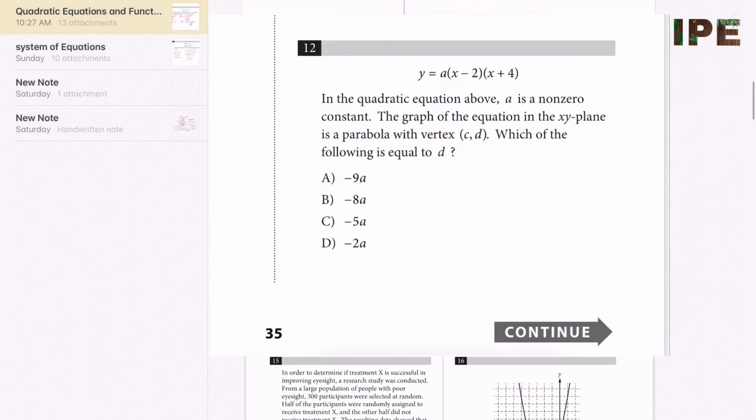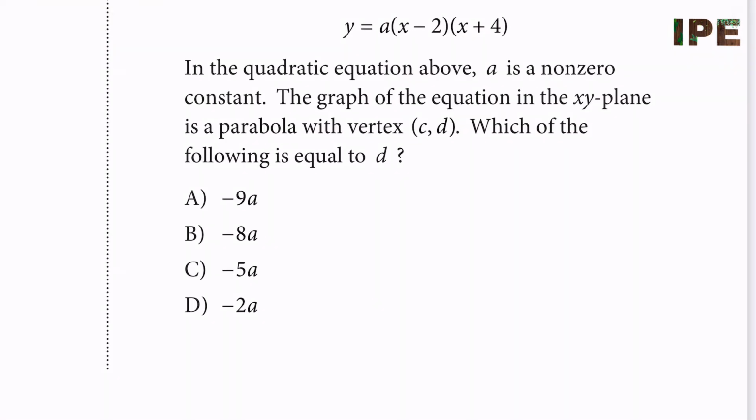Number 12. In the quadratic equation above, a is a non-zero constant. The graph of the equation in the xy plane is such that the vertex is (c, d). Which of the following is equal to d? d means the y coordinate of the vertex.